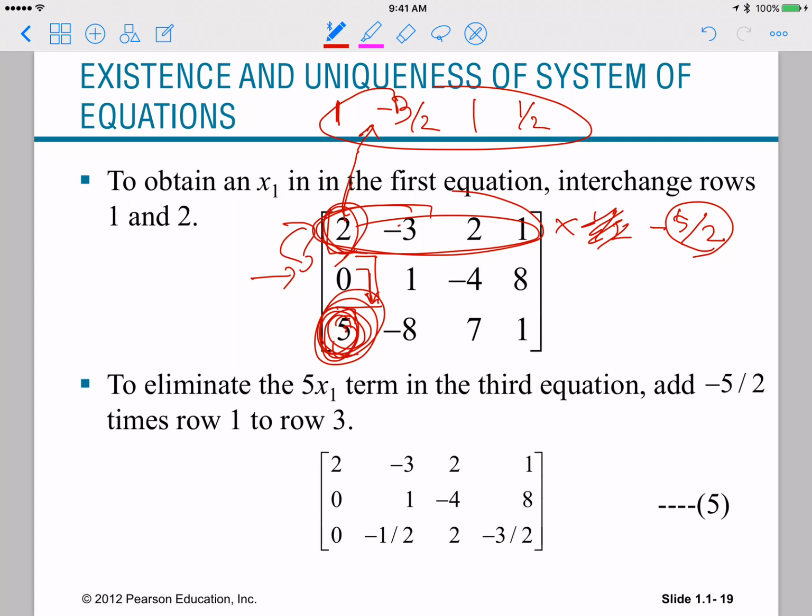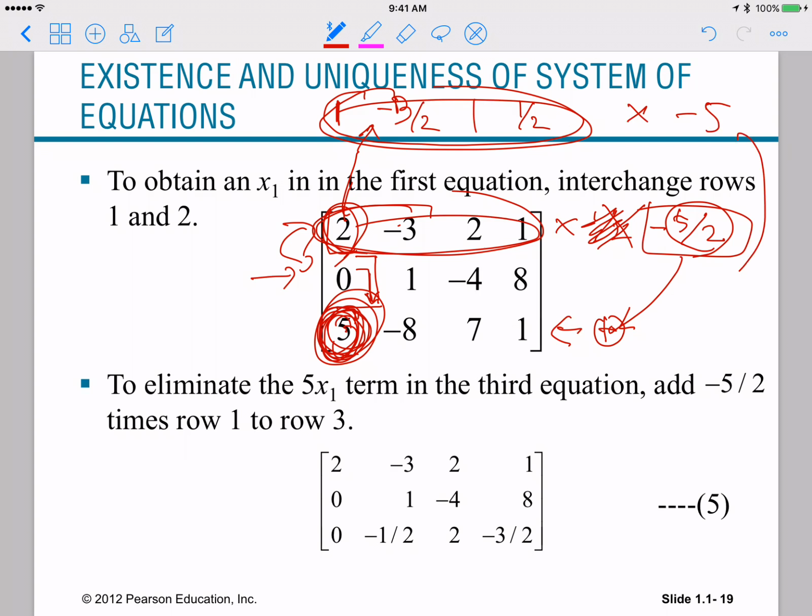After multiplying this equation by minus 5 over 2 and adding it to the third row, we can remove this value, right? But you can also first create this row and then multiply it by minus 5 and add it to the third row. It's the same, right? So it's up to your preference. You can either do scaling first and then the row replacement, or just directly do the row replacement. But still, what we did is the same.